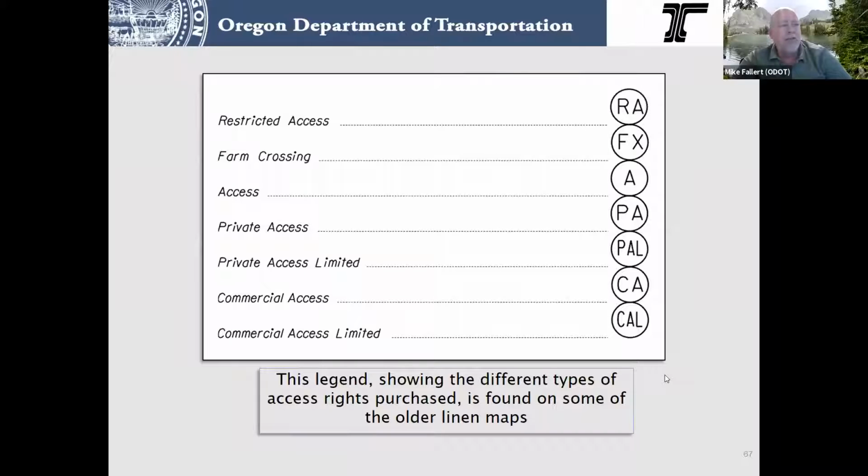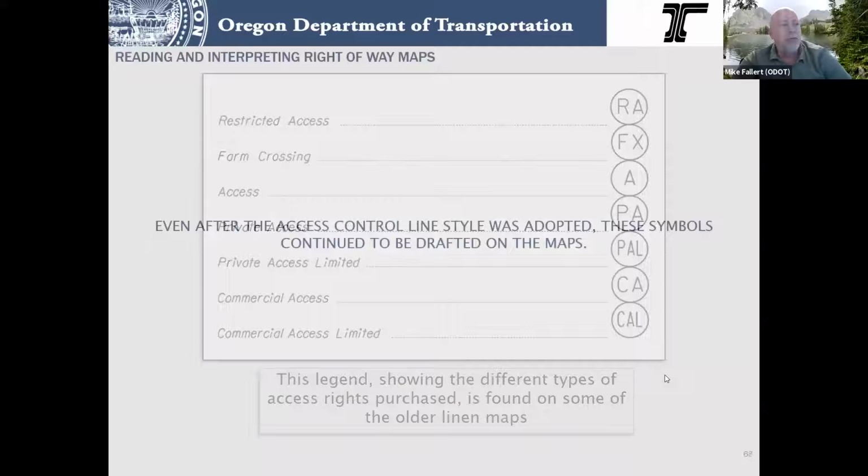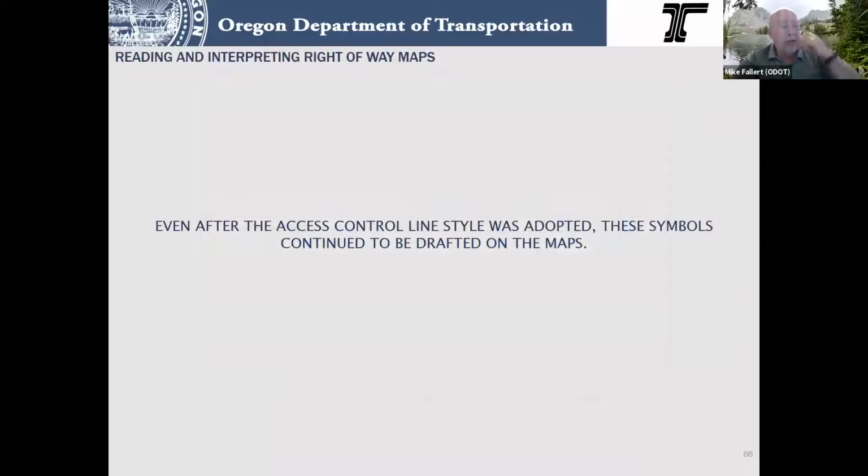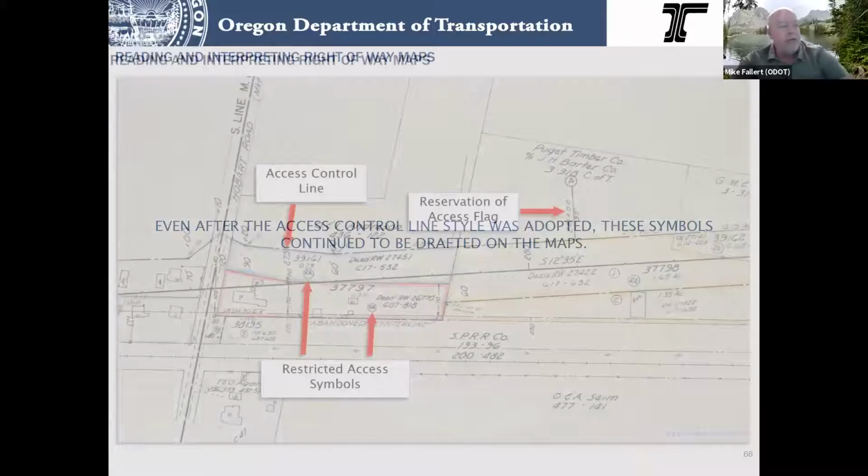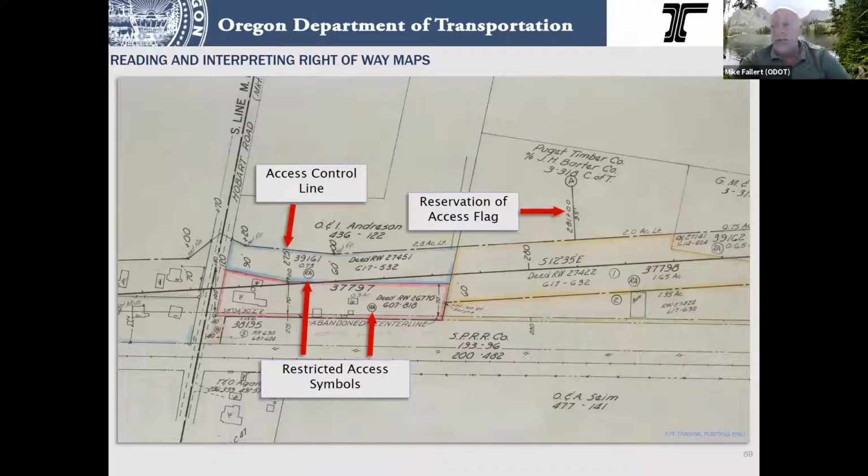The legend showed what they were on the maps. The symbols kind of carried through, and you'll see them in there. So that just means double check what the access is through the deed. Did we acquire an access right? Did we give them an access right? That's what the right-of-way agents want to look for, and we need to kind of know also.